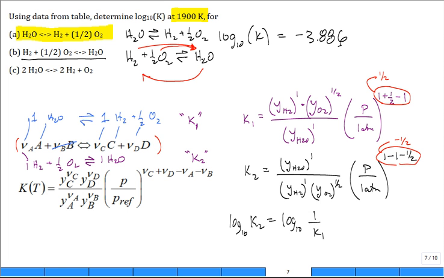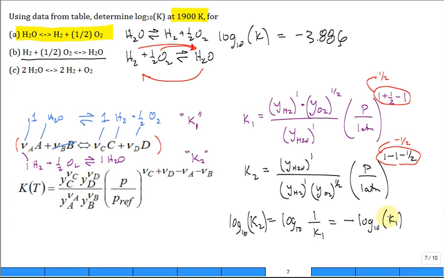Sure. So the log base 10 of K2, what I really want for the new reaction for part B, is equal to log base 10 of 1 over K1, which is negative log 10 of K1.